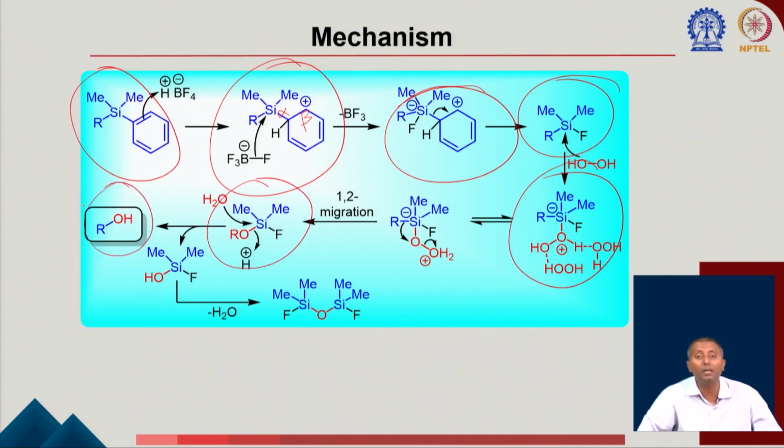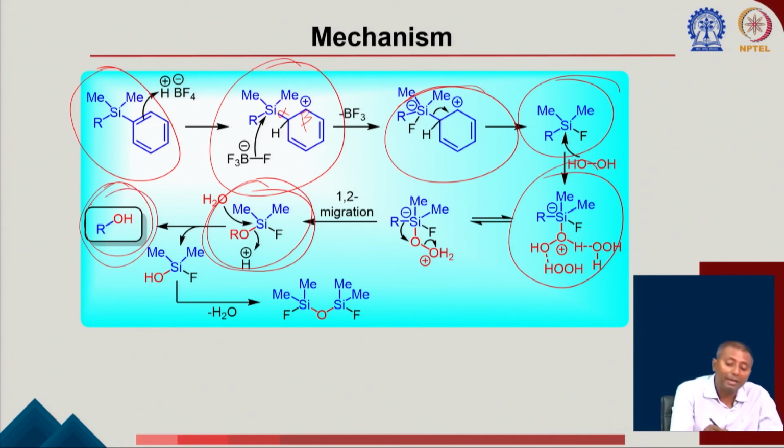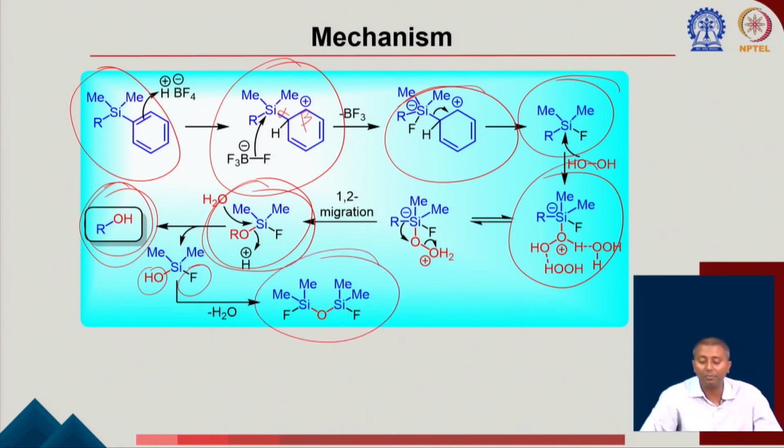As I mentioned, very similar to the last mechanism, the Tamao case you have seen, from this intermediate it can go for hydrolysis because water can attack here and give the corresponding alcohol and form the silicon methyl OH and F, and two of these species can form this particular ether.